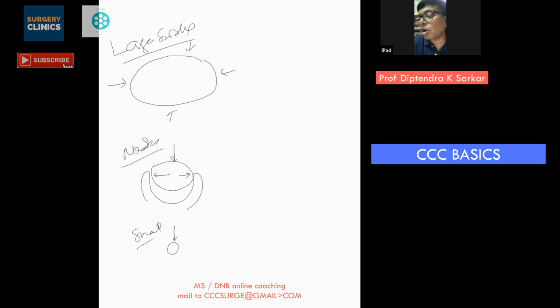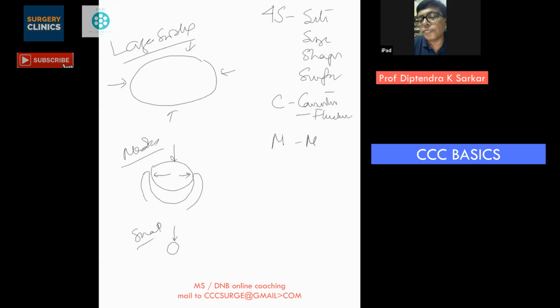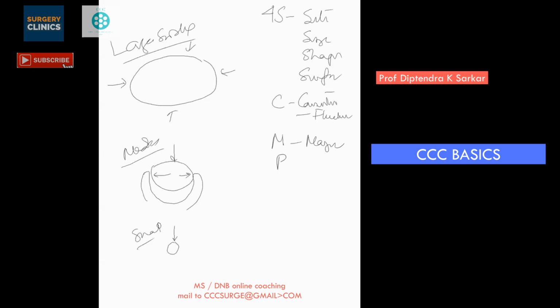Because it has gone off, I'm going to put the 4S once again for you to recollect. So it is site, size, shape, surface, then C for consistency, in which a very important component is the fluctuation test. Then you have M, which is the margin. Then R, which is the reducibility.